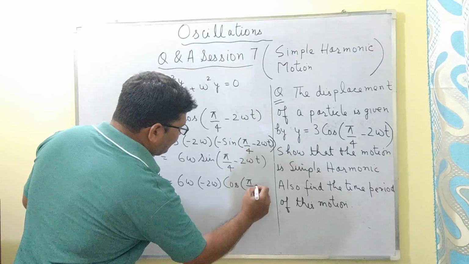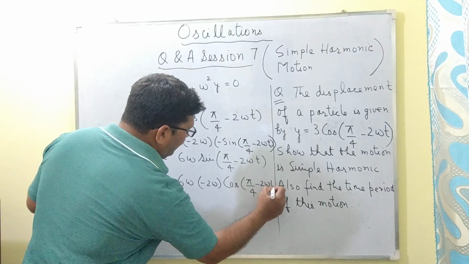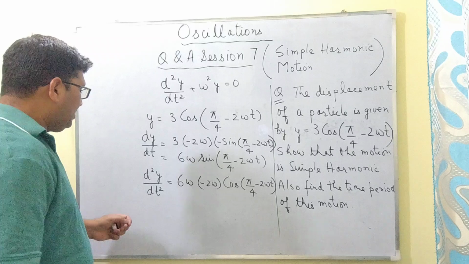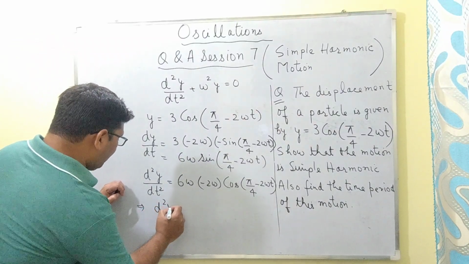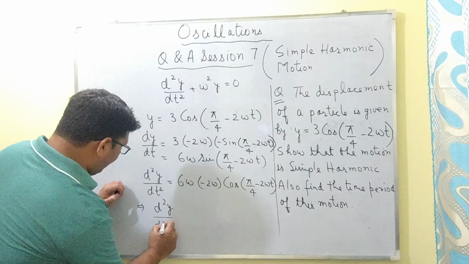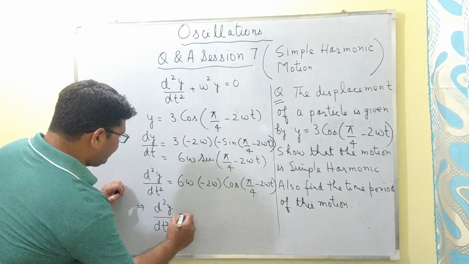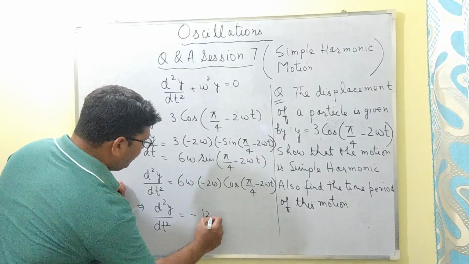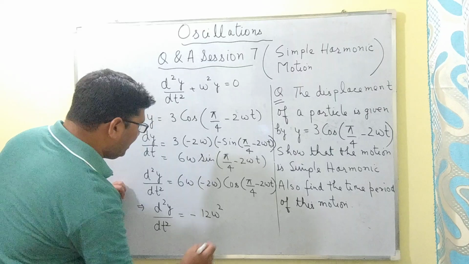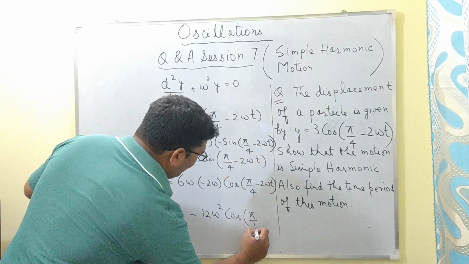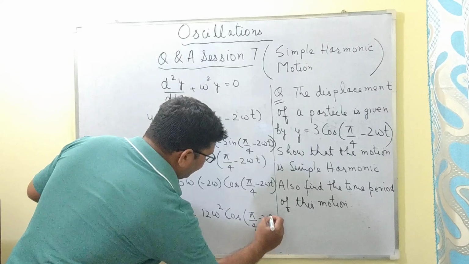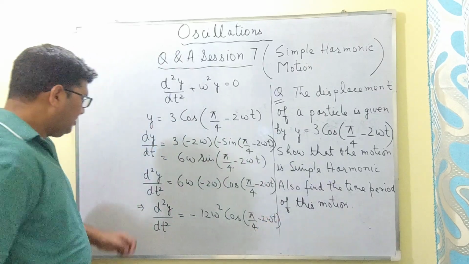This will be equal to cos(pi/4 - 2 omega t). So finally I am getting the equation as d square y upon dt square is equal to minus 12 omega square cos(pi/4 - 2 omega t).